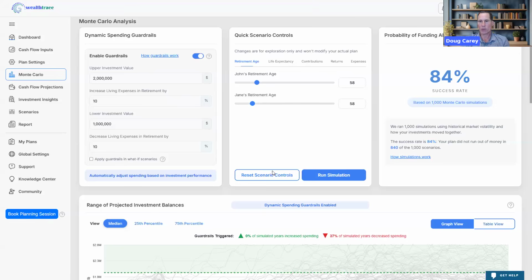As you start using more than 1,000 simulations, the added benefit is very small. The benefit going from 500 to 1,000 is actually very large, but 1,000 is a good number. It balances speed versus accuracy, and I really ran that one through the wringer many years ago.